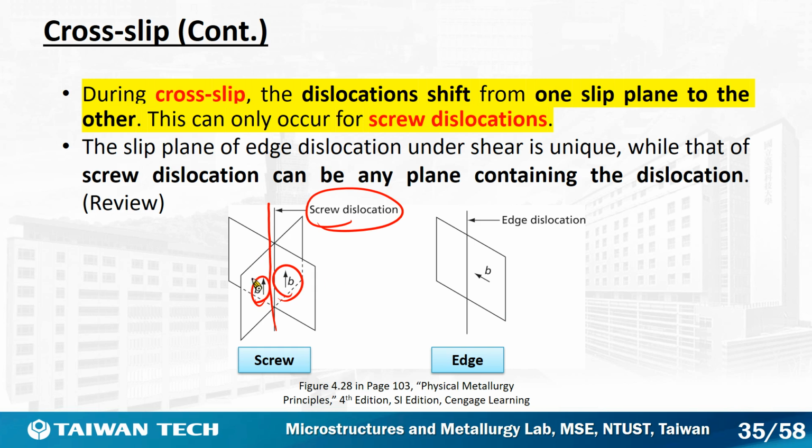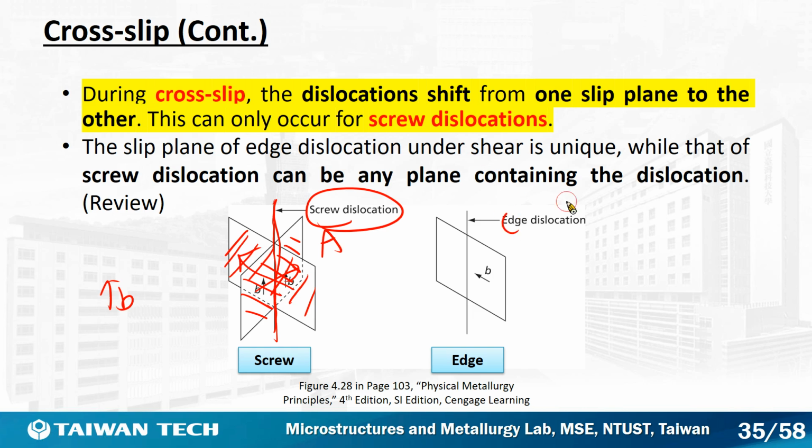For example, for this plane A, we have a screw dislocation line here. For this plane B, we can have the same screw dislocation here. So when the Burgers vector is in these directions, we know that the dislocation motion is perpendicular, so it can go to here and here, right?